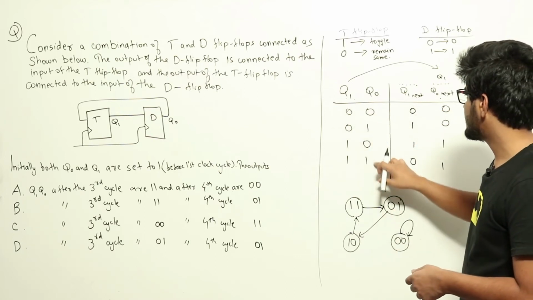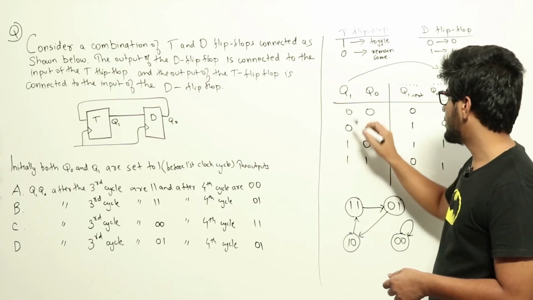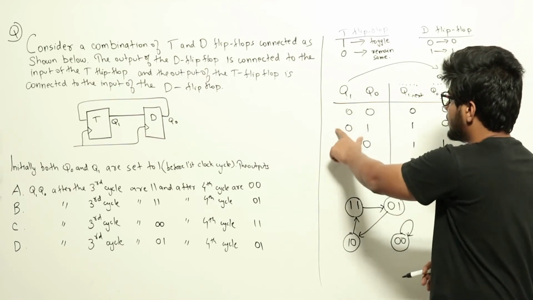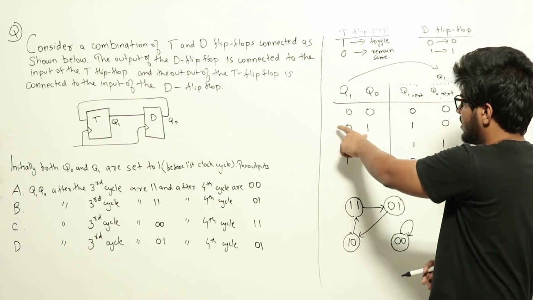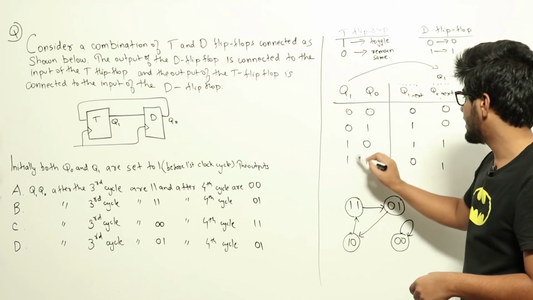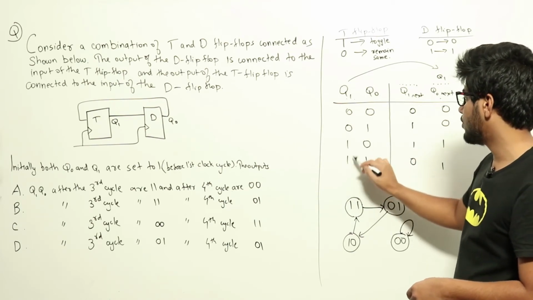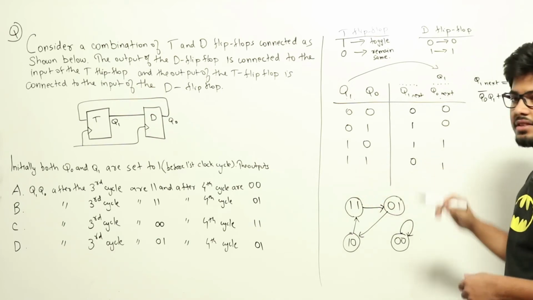In these 2 cases, Q0 is 1, so we toggle Q1. Here Q1 is 0, so Q1 next becomes 1. Similarly here, Q1 is 1 and Q0 is 1, so we toggle it and it becomes 0.